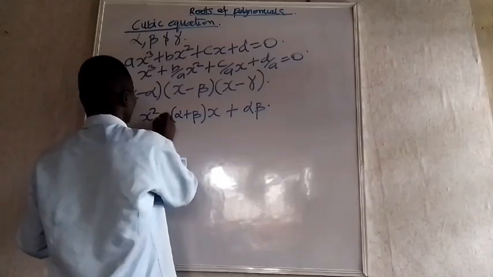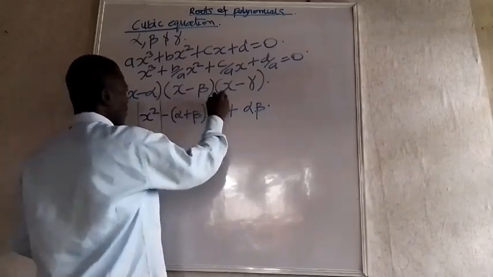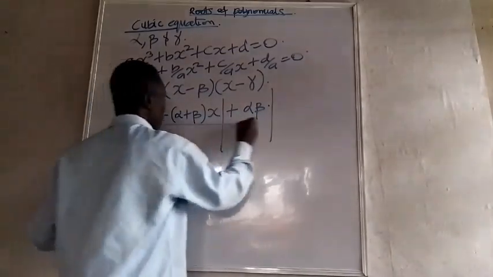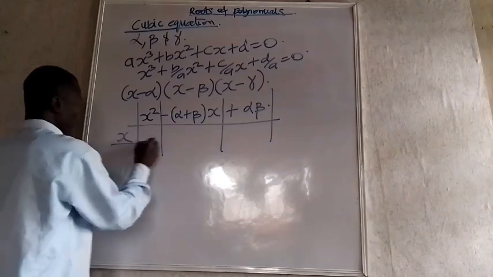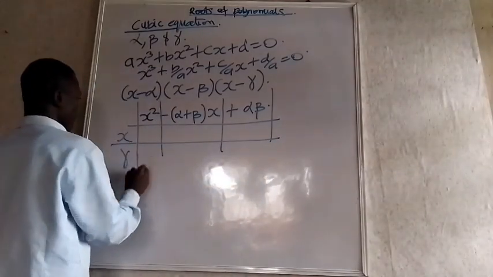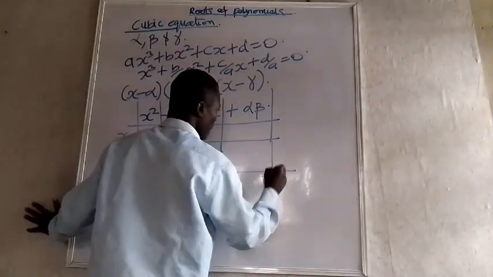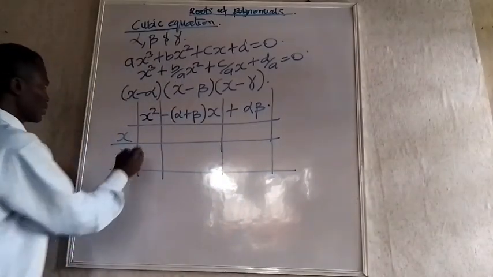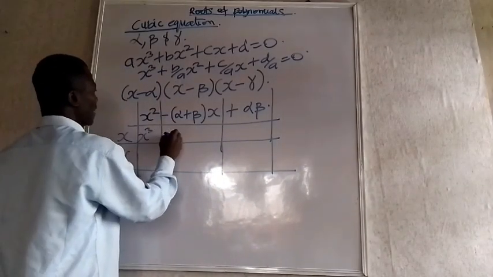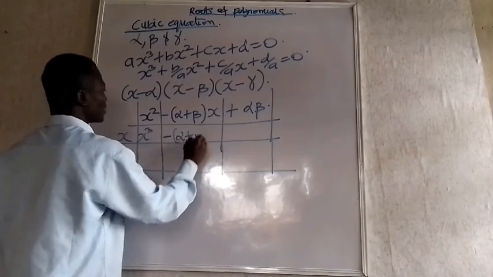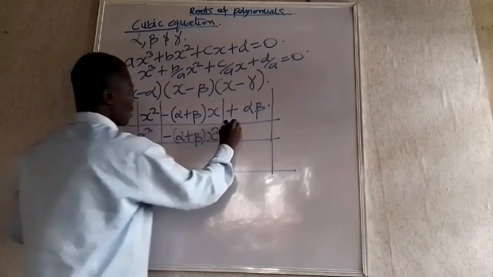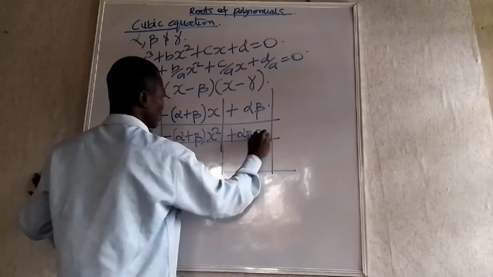Let me do it like this, for ease. This is going to be x cubed minus alpha plus beta x squared plus alpha beta x.